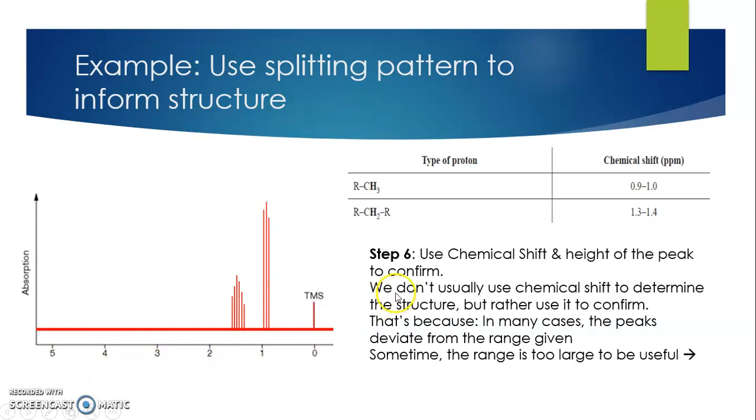Okay? So we don't usually use chemical shift to determine the structure, but more often we use it to confirm our structure. Okay, and sometimes the range of the chemical shift that the peak will appear can vary considerably under different conditions. So the range is simply too large to be useful for us.